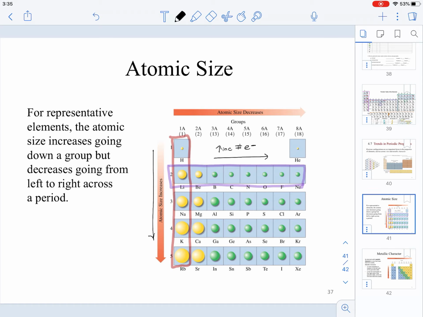Because remember that we're not only having an increase in the number of electrons as we're moving left to right, we also have an increase in the number of protons. So because the protons are increasing as the electrons are increasing, what that causes in the atom is that it actually brings those electrons in and the atom actually looks smaller.